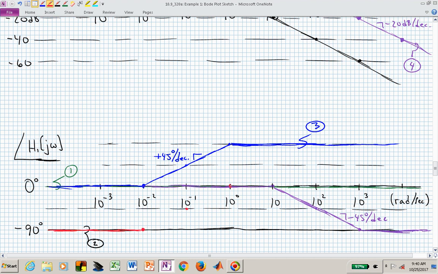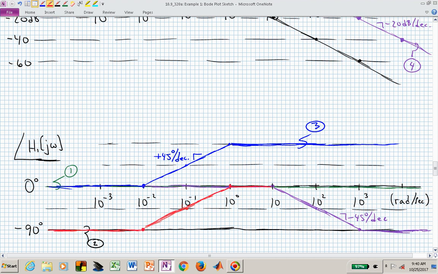And then once we reach 1, all of the phase from the 0, we're assuming in our approximation, has been contributed. So it gives us 90 degrees. The pole at the origin gives us minus 90, and the constant gives us 0. So we're now at 0 degrees, and we don't have any contribution in phase until we reach our pole.